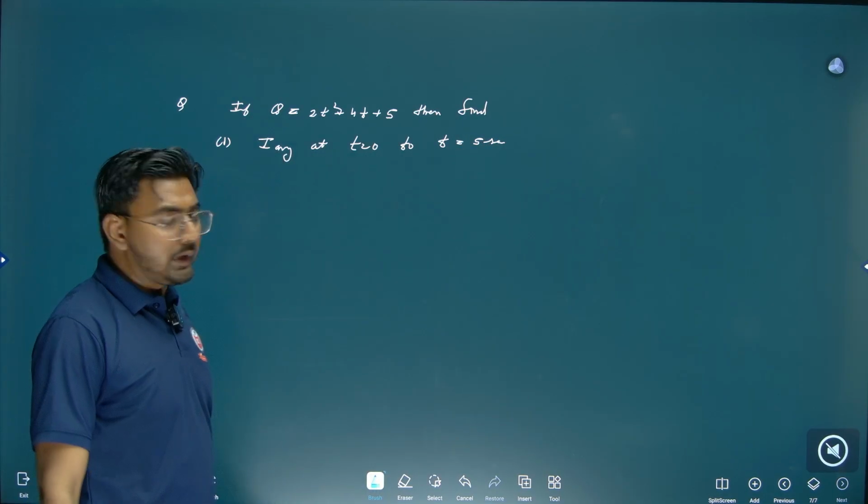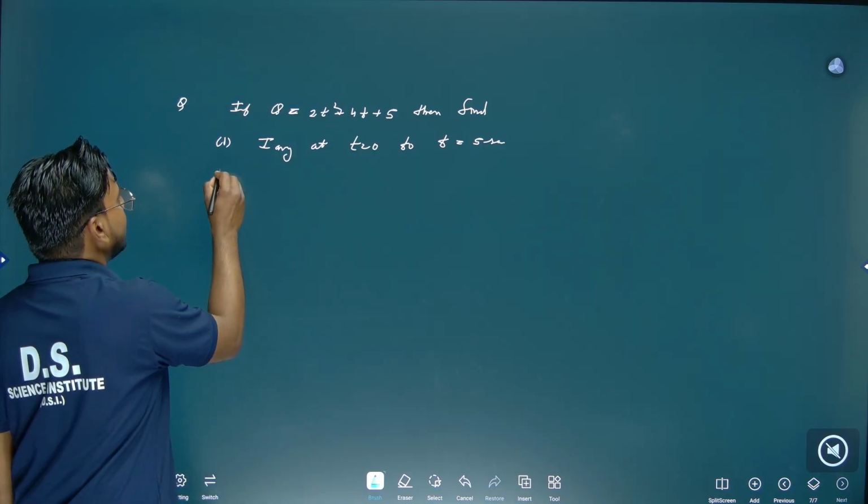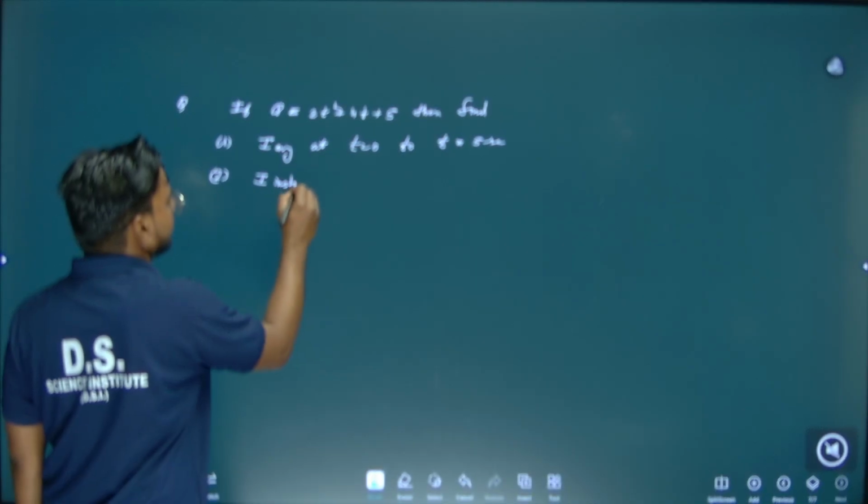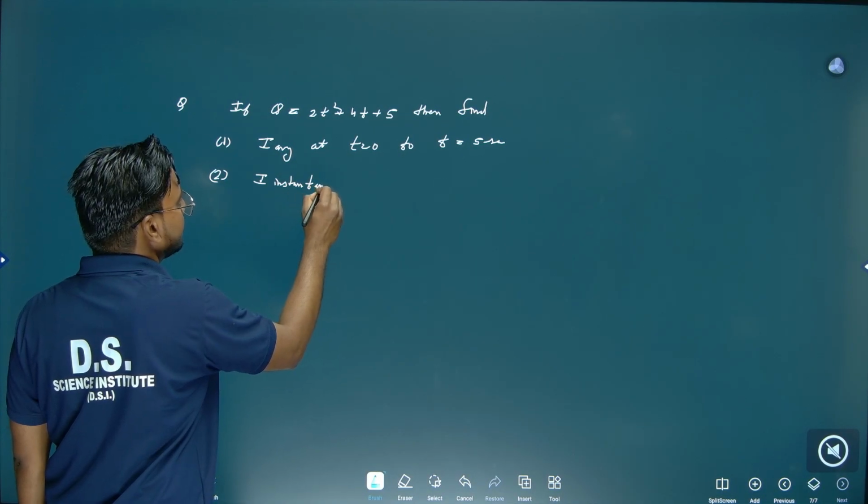We have to find the value of average current, and second, we have to find the instantaneous current.